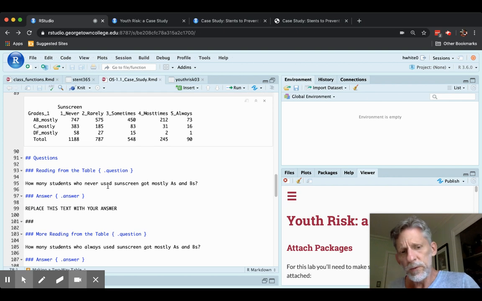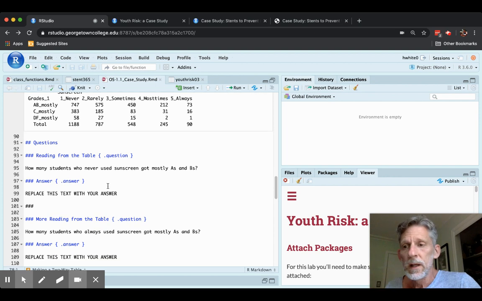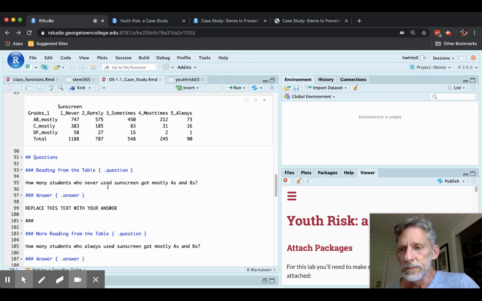I know we've practiced this before, but I just want to do it one more time. Let's just answer the first question, just to practice how to do it. How many students who never used sunscreen got mostly A's and B's? Okay. 1 never, 2 rarely, 3 sometimes, 4 most times, 5 always.